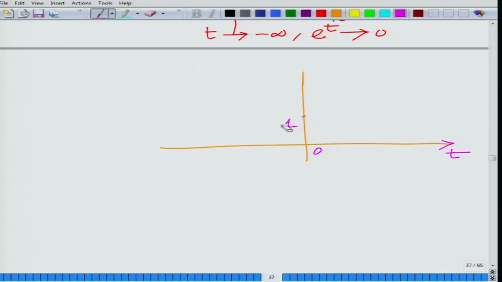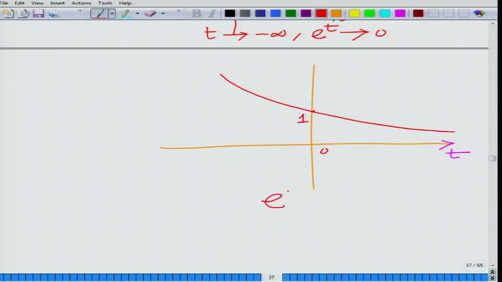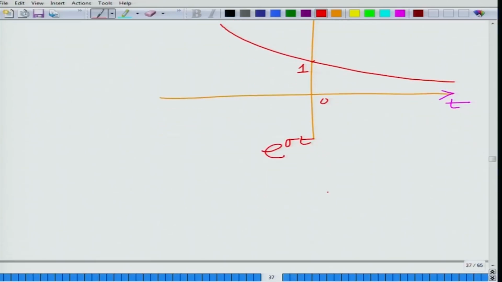So, let me just draw it. It's decreasing. At 0, it is 1, e to the power of sigma t for sigma less than or equal to 0.